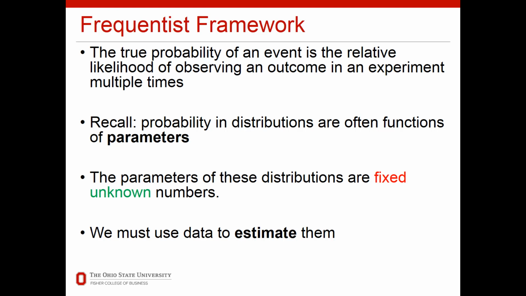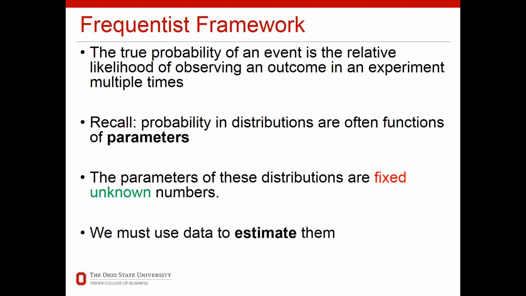It's a really important point that the parameters themselves are unknown. We don't know going into it what the value is. But in the frequentist framework, we make a very large assumption that there is a true value. If I'm looking at a binomial distribution, say I'm flipping a coin, and I want to know the probability of getting a head, the frequentist approach will say there is one true probability of getting a head for that coin, and it does not ever change.